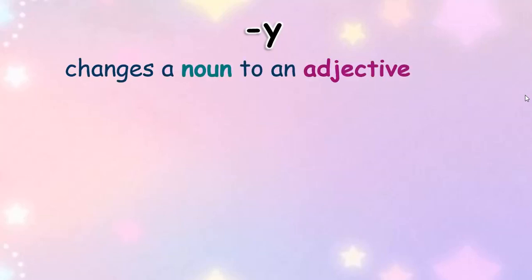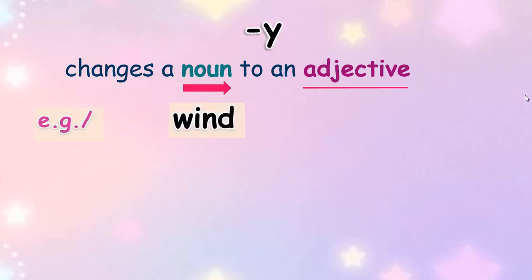Y, we use it after a base word to change a noun to an adjective. What does y do after a base word? It changes a noun to an adjective. Like in these examples, we have the noun wind. We can change it to an adjective by simply adding y on it, so it becomes windy, windy weather.